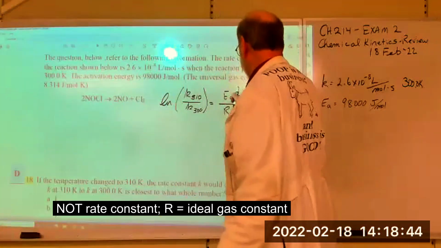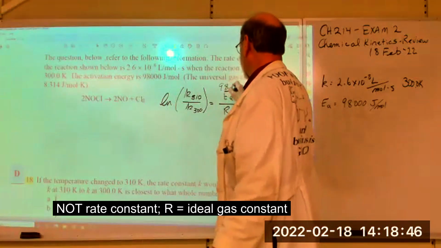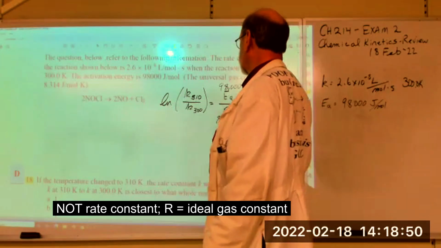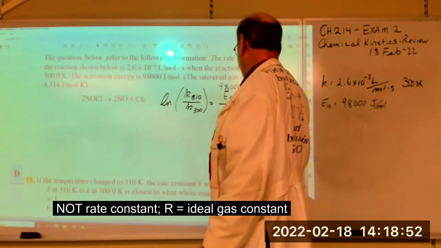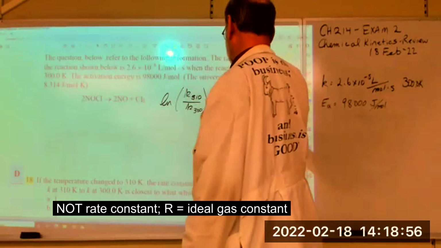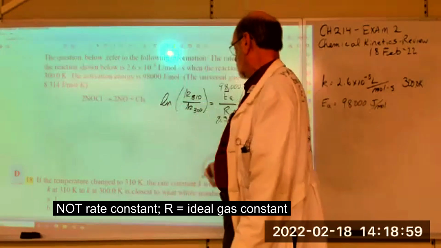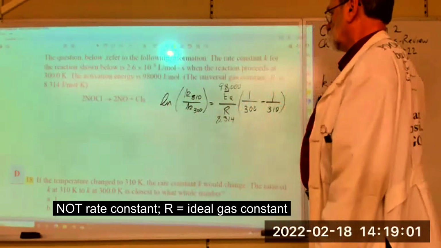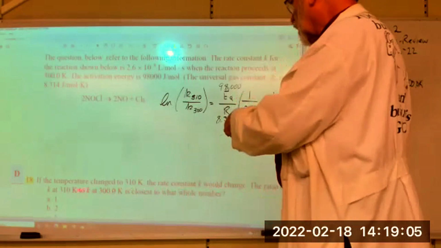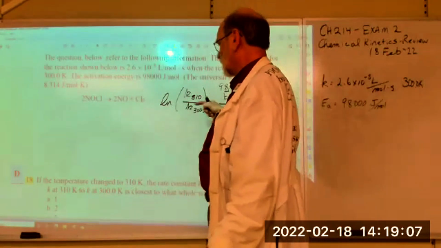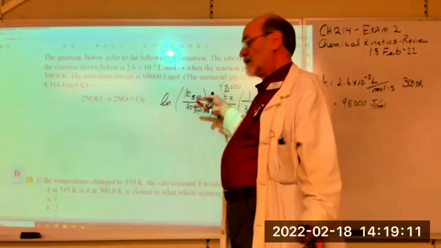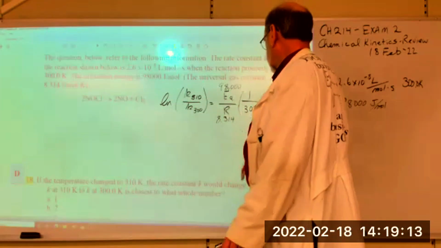So this is gonna be 98,000. And this is gonna be 8.314. Actually, that's all we need, because it asks, what's the ratio of this one to this one? So we don't need to put anything in there. We just need to solve this part of it.